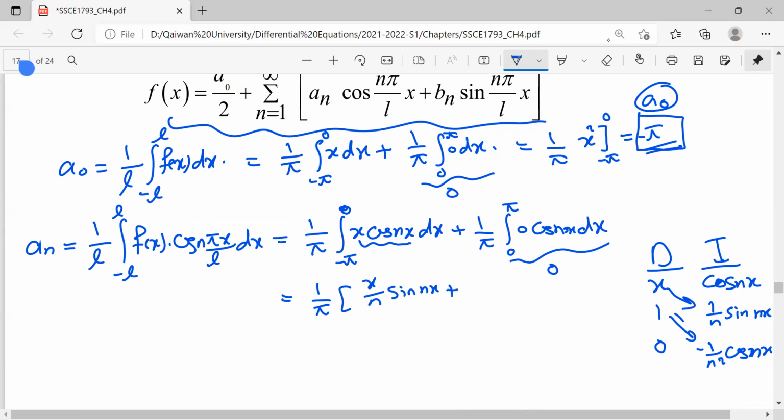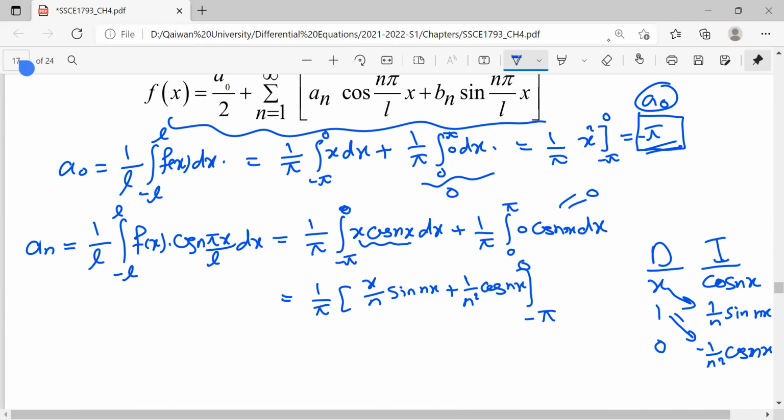Here we have negative times negative is positive. We get 1 over n squared cosine nx, with x from negative pi to 0. This equals 1 over pi.